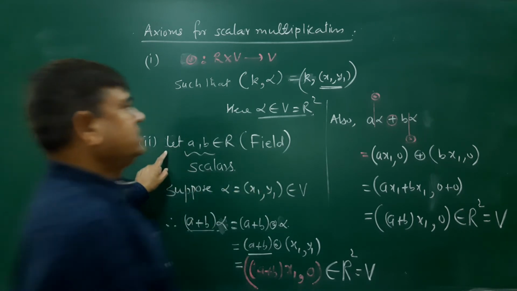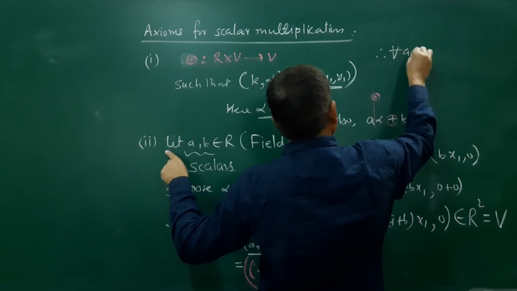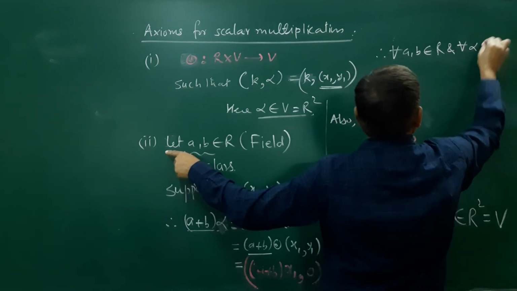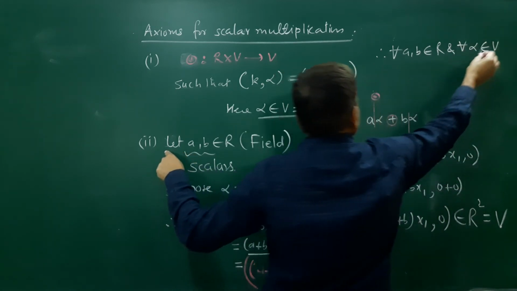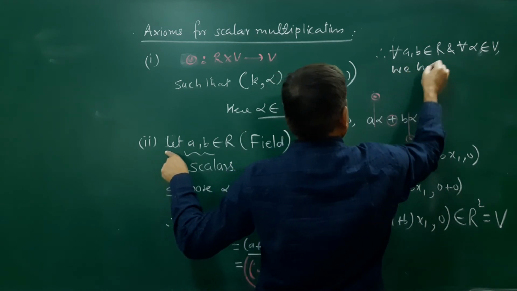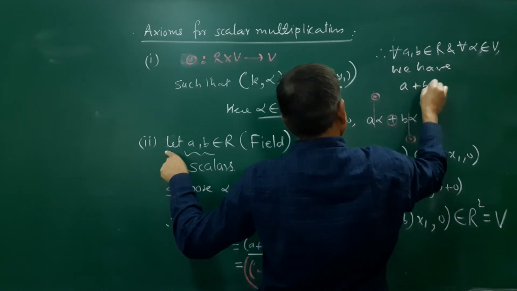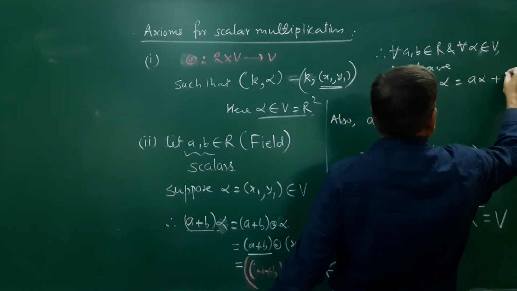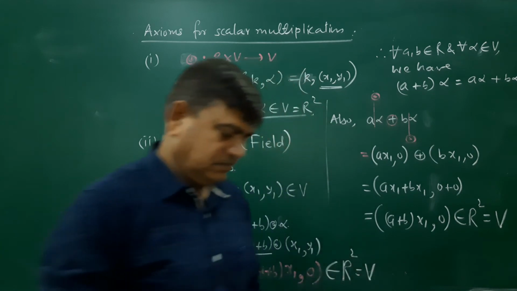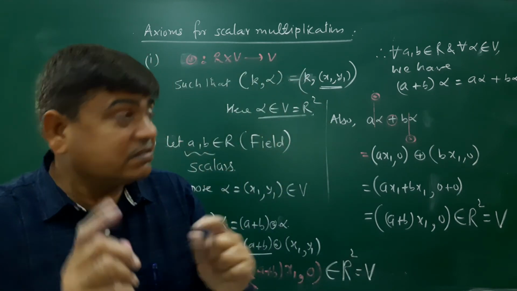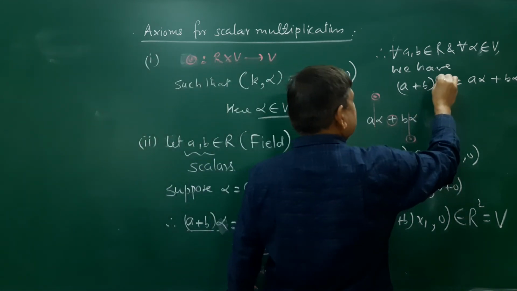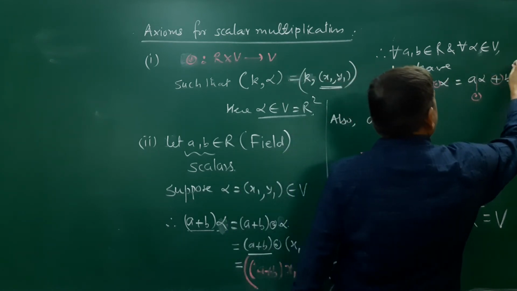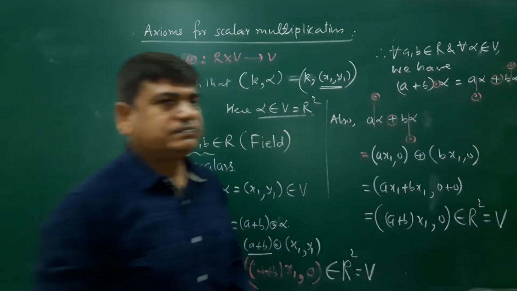Therefore, for all A comma B belonging to R and for all alpha belonging to V, we have A plus B alpha equals A alpha plus B alpha. But you must remember the symbols here, here this one, here this, and here this one. Be careful.